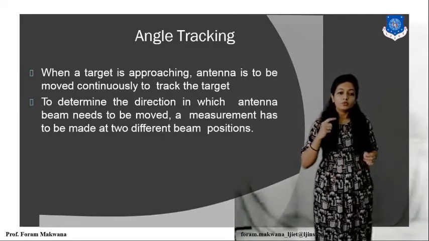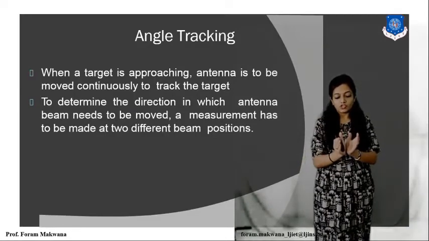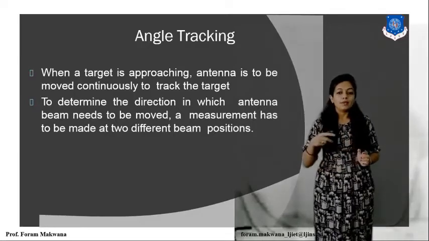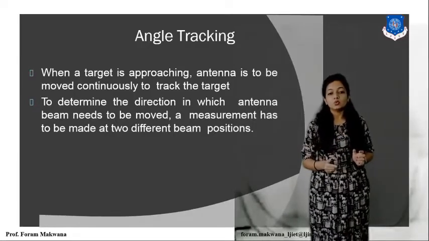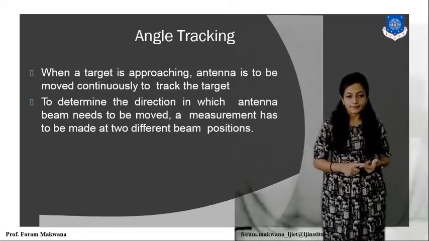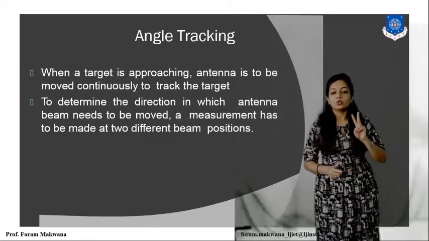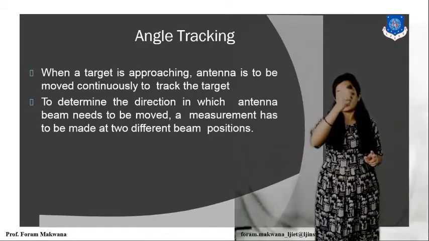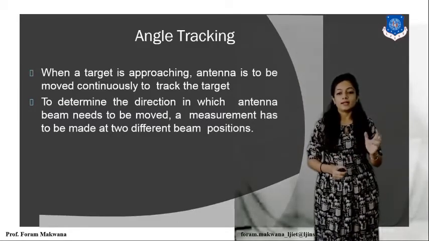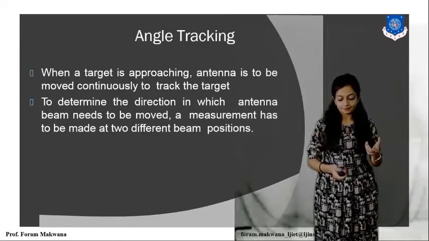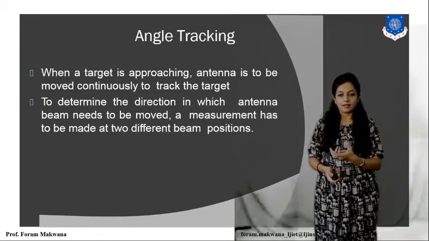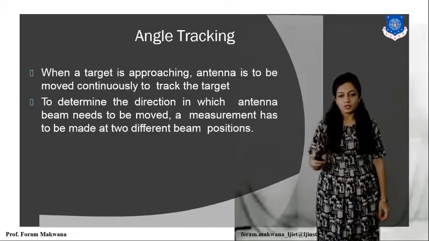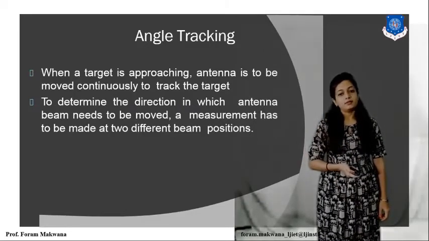If you need to determine the direction in which my antenna beam needs to be pointed, we take measurements at two different beam positions, whether my target is in this direction or this direction. So my radar antenna is continuously moving, but at a specific angle. Based on the difference between the beam positions, we are able to track the target.